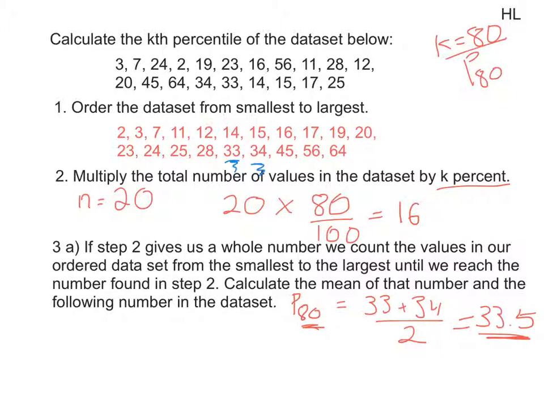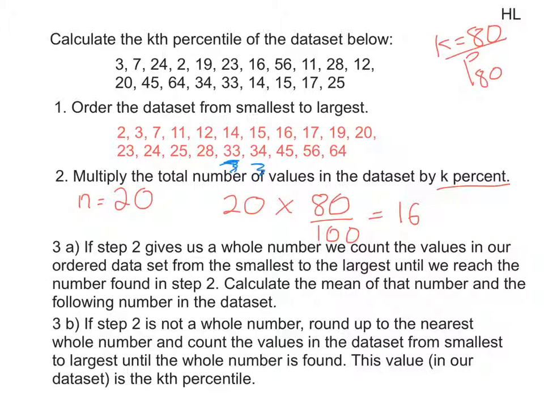Then we would count the values in our ordered data set from smallest to largest until we found our whole number, the 16th number, in this case 33. But this time 33 would be our kth percentile. There are no further calculations required.